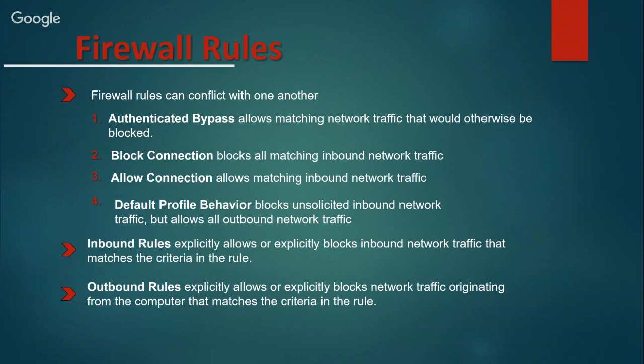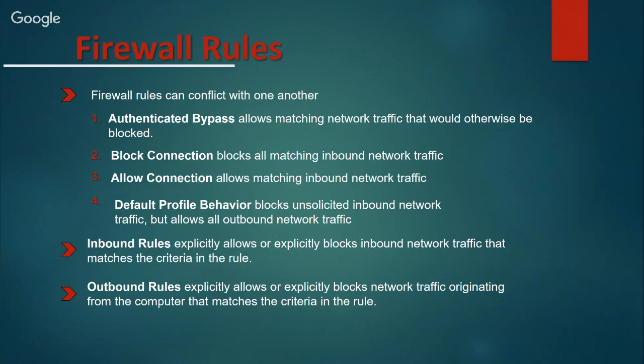The second thing is block connection. That blocks all matching inbound network traffic. The third one is allow connection. That allows the matching inbound network traffic. The fourth one is default profile behavior.